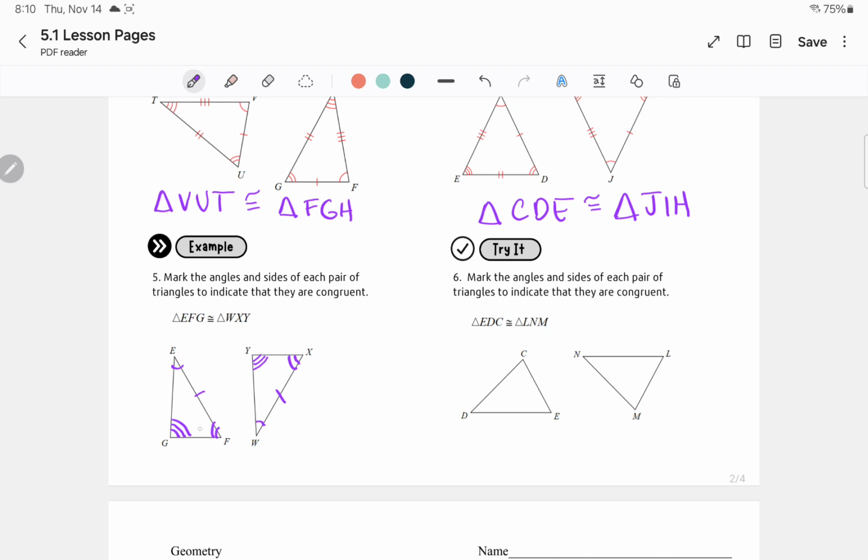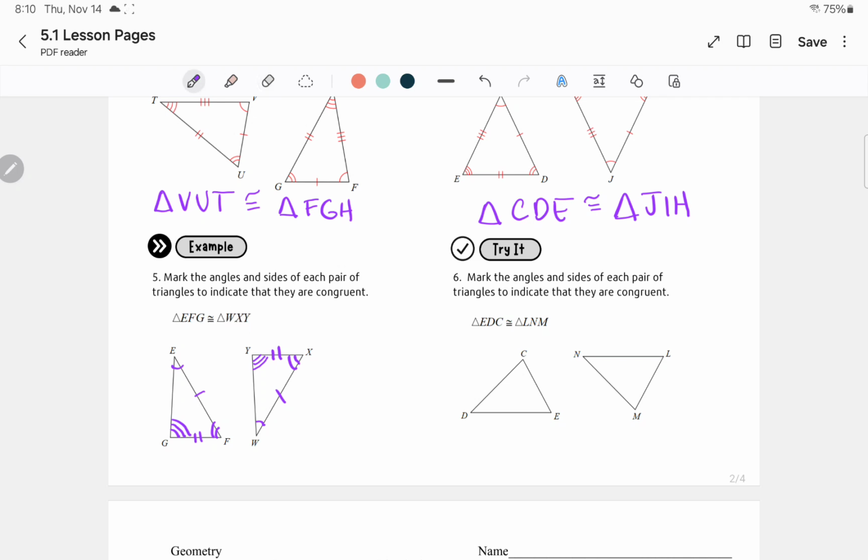F and G, they should have 2 tick marks. And that's going to line up with X and Y, right? So FG is the last 2 letters, so that matches up with XY. That's why they both have 2 tick marks, just like EF and WX were the first letters.